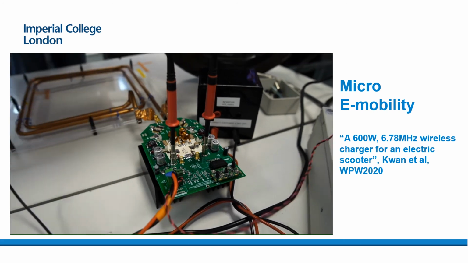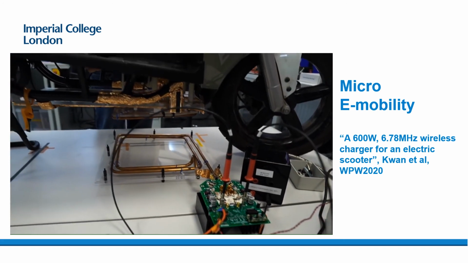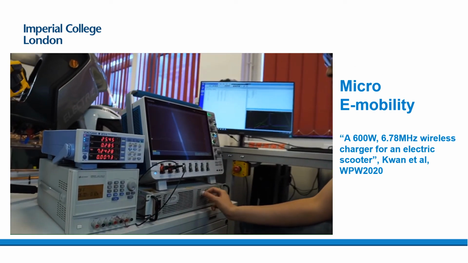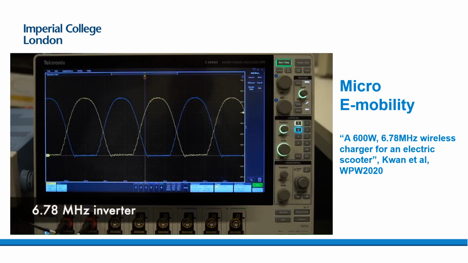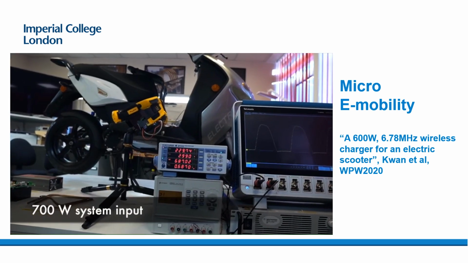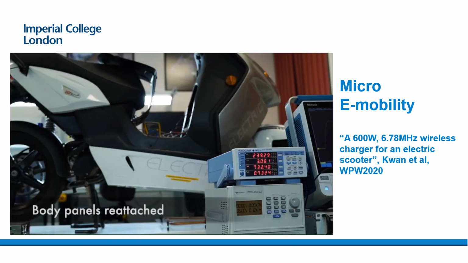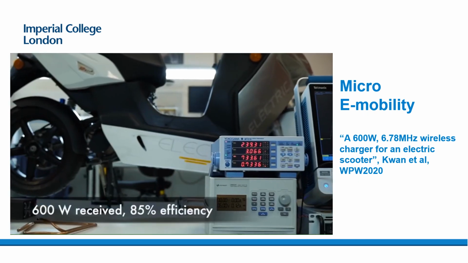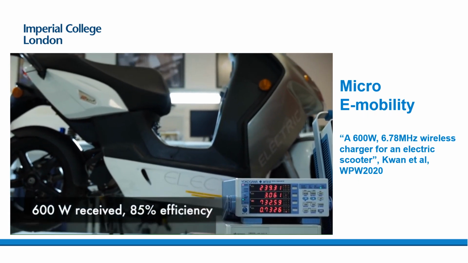You can see the title there on the right, so I'd encourage you to have a look at the paper and the associated talk with that. This is using a push-pull inverter operating at 6.78 megahertz. You see some of the waveforms there. And we were able to get, for a 700-watt input, a useful 600-watt output when everything was back in place on the scooter itself.